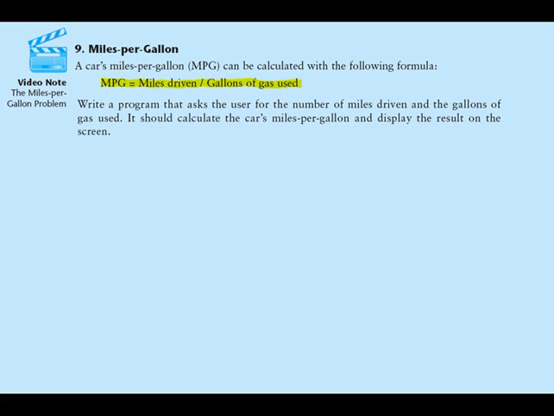And the problem tells us to write a program that asks the user for the number of miles driven, and we also want to ask the user for the gallons of gas used. So the user is going to enter two pieces of data: number of miles driven and the gallons of gas used. And then the program is to calculate the car's miles per gallon and display the result on the screen.